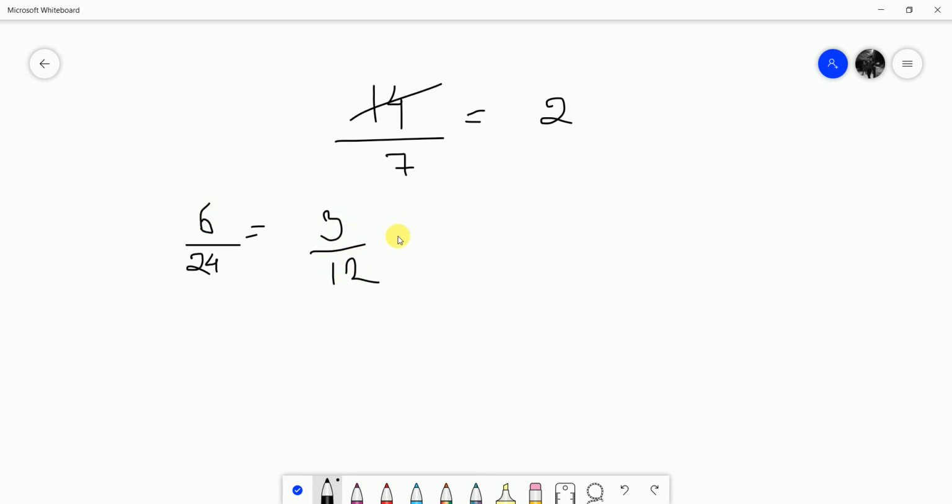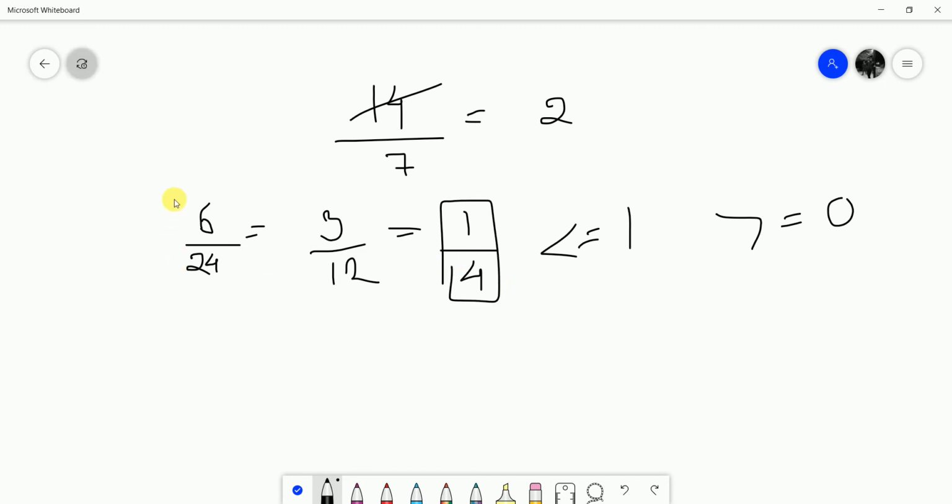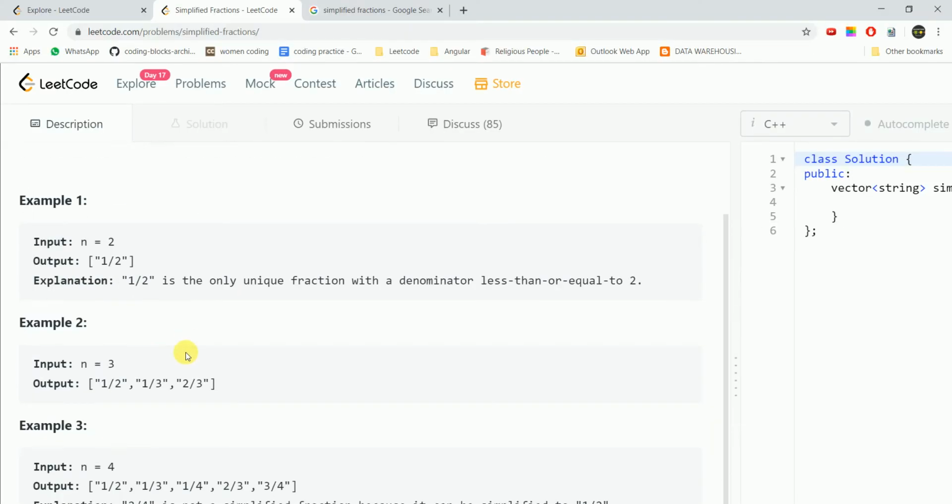We further see that this can be reduced further. So 1 by 4 is the simplified fraction. This is less than or equal to 1 and greater than or equal to 0. So this is the simplified fraction for 6 by 24. Fine, so this is what we are required to give as the output.